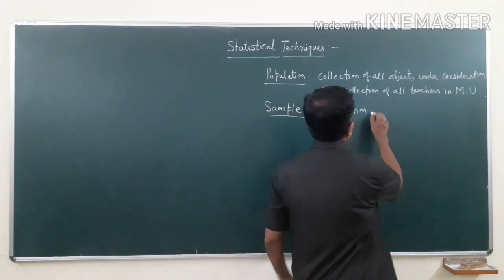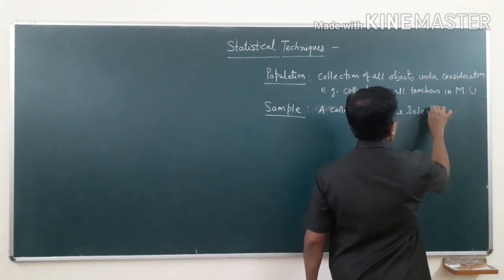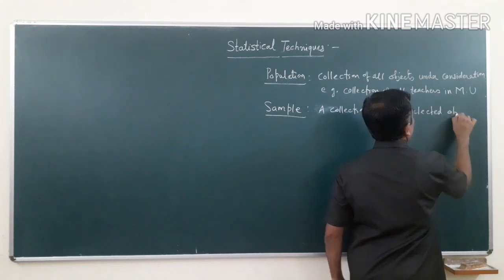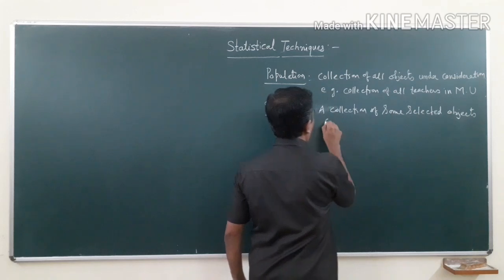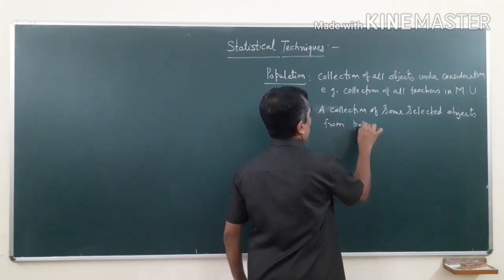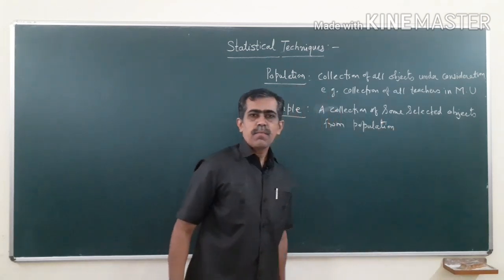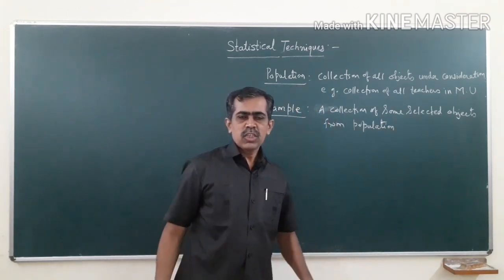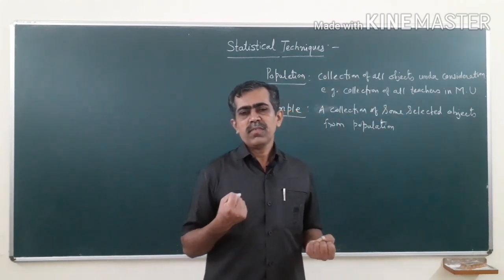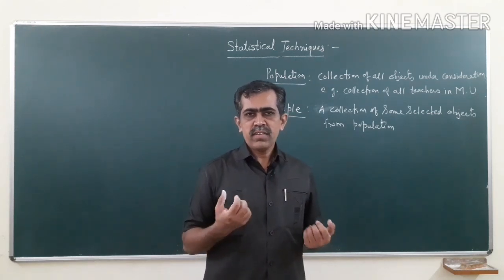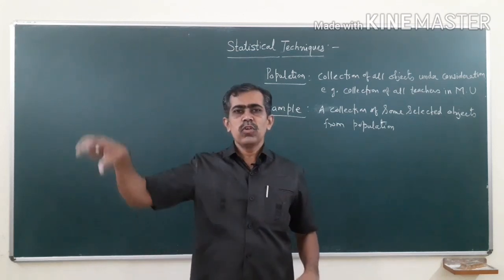So, a collection of some selected objects from the population is called a sample. Instead of considering all the students from FY BCom, I will choose at random any 10 students, study their performance, and decide the performance of all the students from the class.